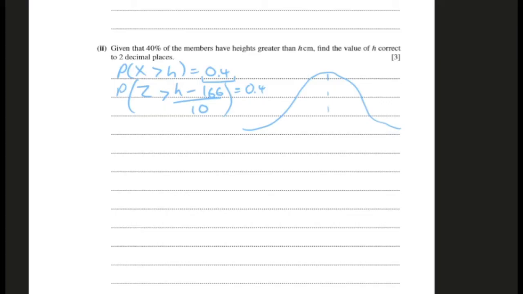This shaded area is 0.4, the unshaded region is 0.6, and we want to find this z value over here.